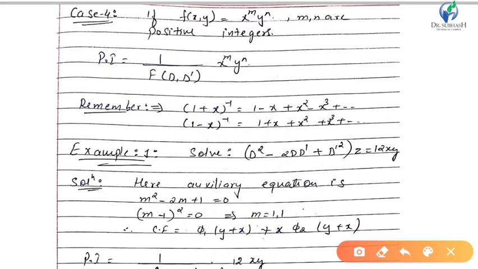Case 4 is if the RHS term is x^m into y^n, where m and n are positive integers.